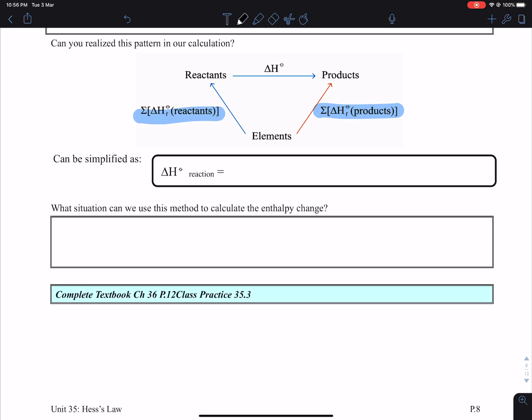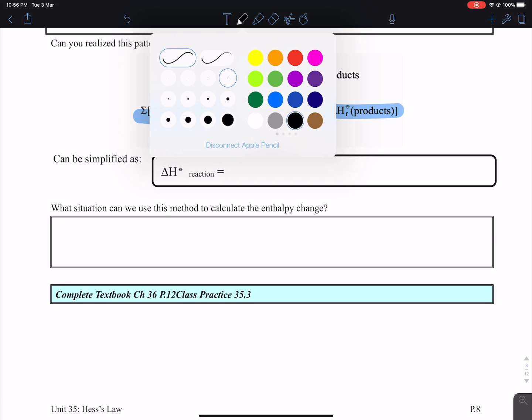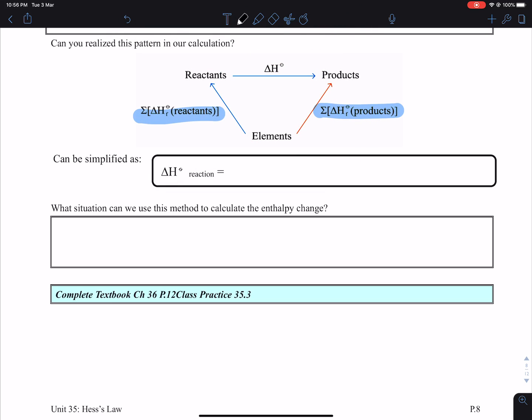Whenever you want to calculate something, but if you see the numerical data, I repeat, numerical data, the numbers given to you in the scenario, in the questions, whenever you see all of them are formation, you can make use of this sum of. That means this is sum of.